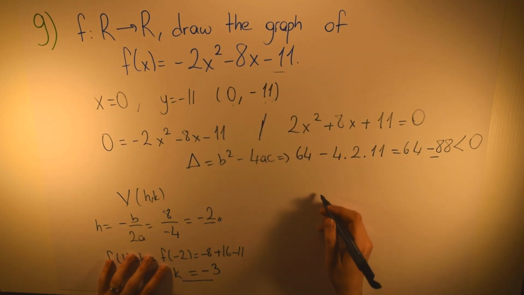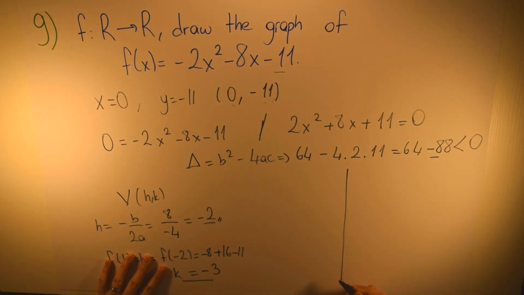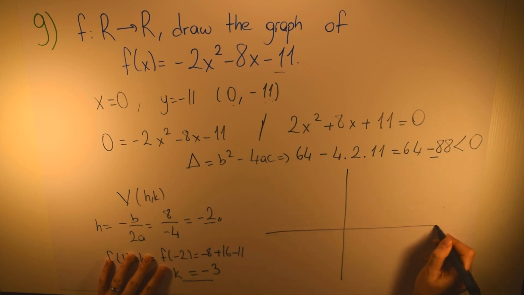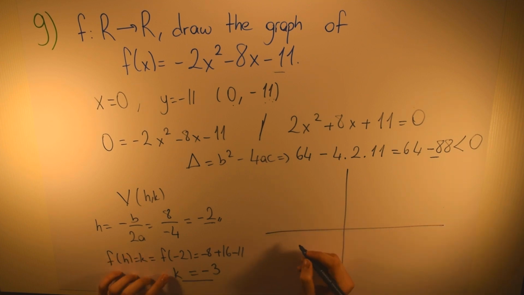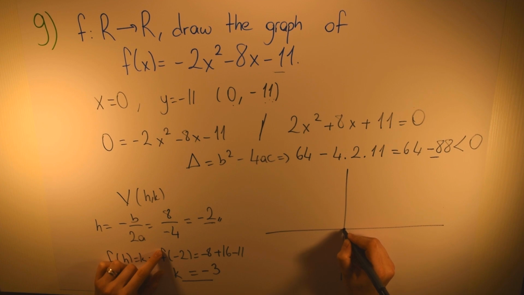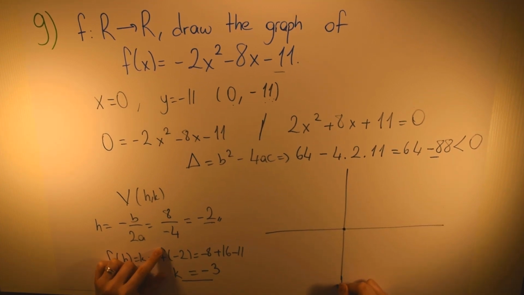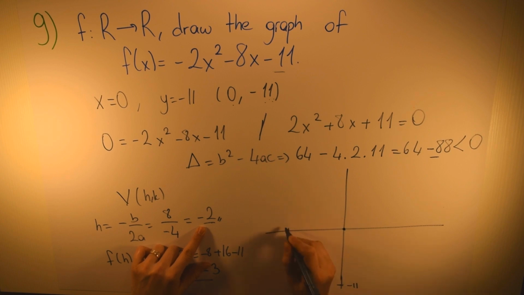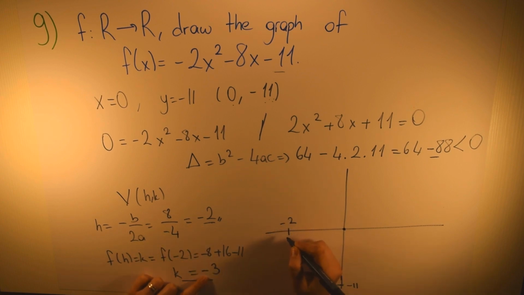So let's draw our graph, our parabola. It should be something like this. When x is equal to 0, y is equal to minus 11. So when x is equal to minus 2, y is equal to minus 3, so let's say somewhere here. This is our vertex point.